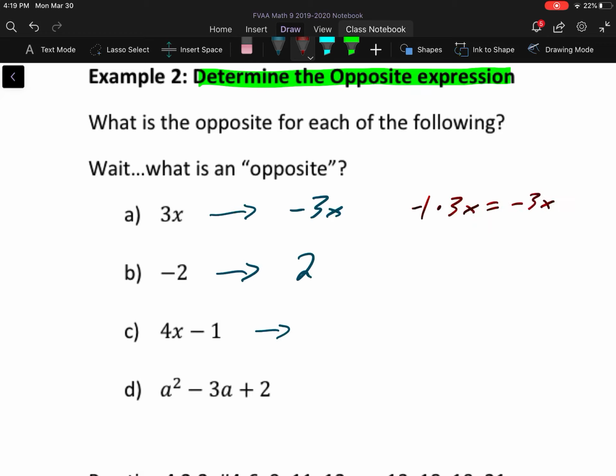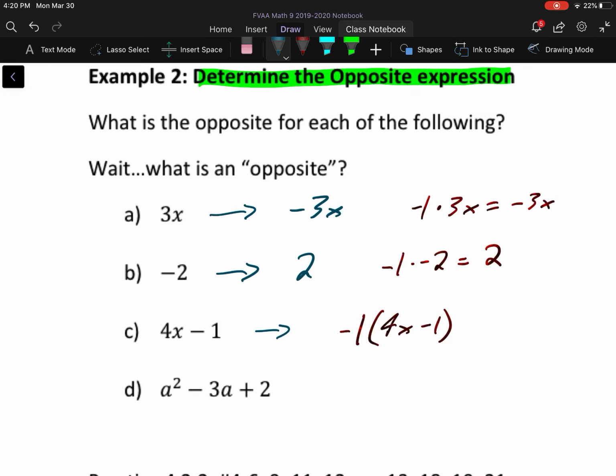Negative 1 times negative 2 gives me positive 2. So using that negative 1 can make things positive or negative depending on the sign of the term that you start with. So in this situation, I'm going to do the same thing. Negative 1, and that's going to be multiplied to 4x minus 1.